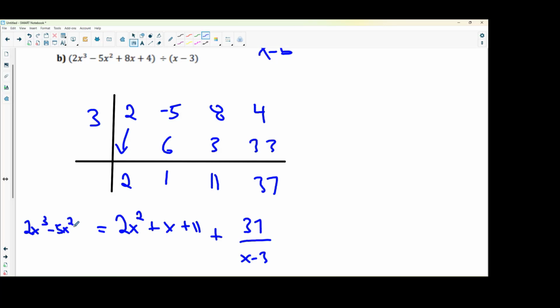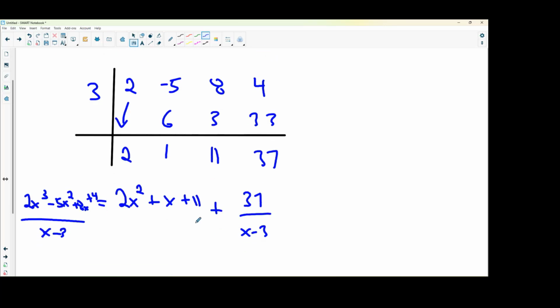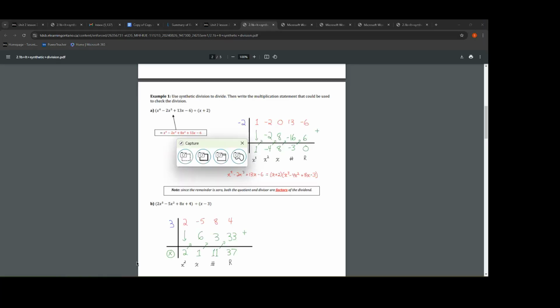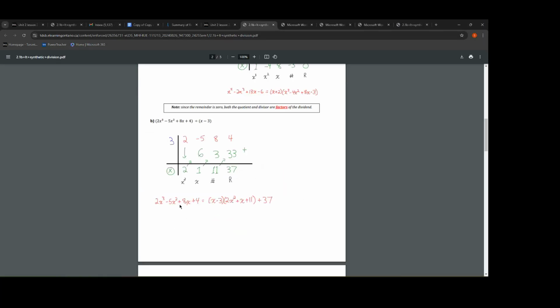Oh man, I'm going to run out of space. So that's one of the ways to write it. So always try to write your final answer in one of these ways. And there we go. They wrote it the other way, where they multiplied the denominator for every term.